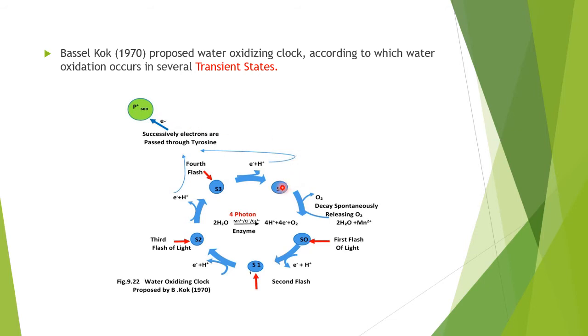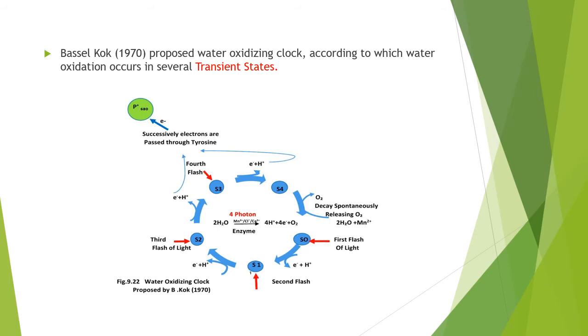And once it has reached the S4 state, that is after the 4th flash, there is a simultaneous decay of this water, releasing two molecules of water, releasing this oxygen, which is the reason that at the fourth flash of light there is evolution of oxygen.